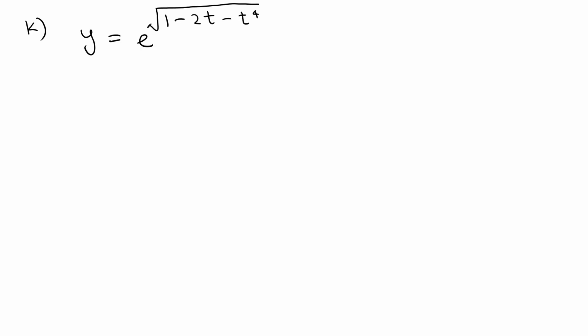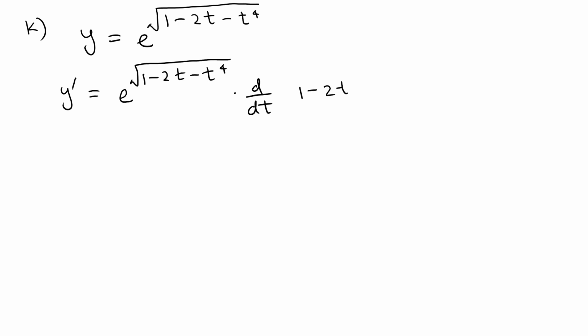So we're gonna write step by step directly here without writing the formulas. So y prime, derivative of y, is simply an exponential function. When you have exponential function, you repeat the function without any changes. So that's the first one. And then you multiply by the derivative of the inside function. So in this case, d by dt, inside function is 1 minus 2t minus t to the 4 square root.